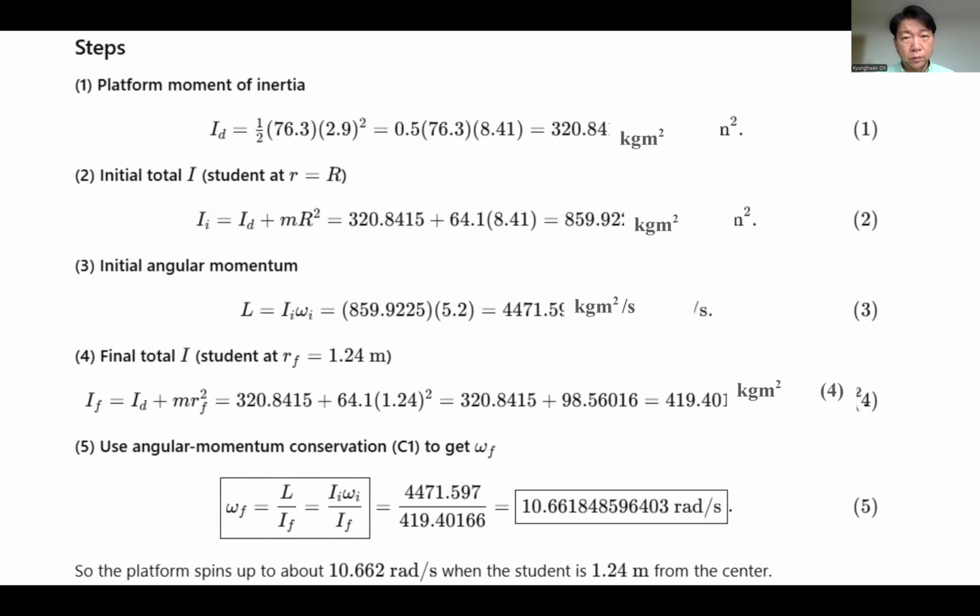Okay. So we have I initial, and then final I final is here, and so we have I_i omega_i equals I_f omega_f. And omega_f is given by these equations.